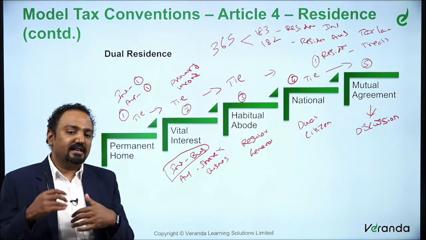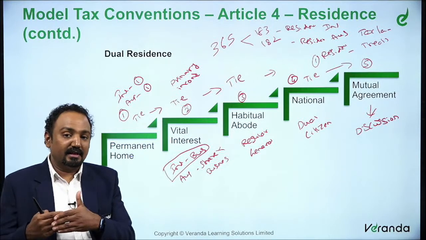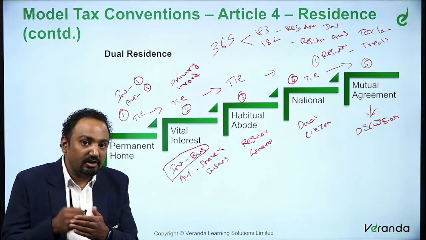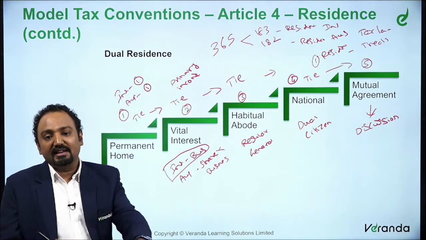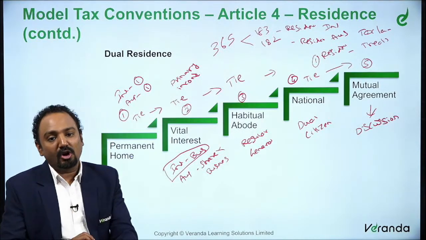Let's say it's India and Australia: the competent authorities of both India and Australia discuss and decide for which country the person will be called a resident.